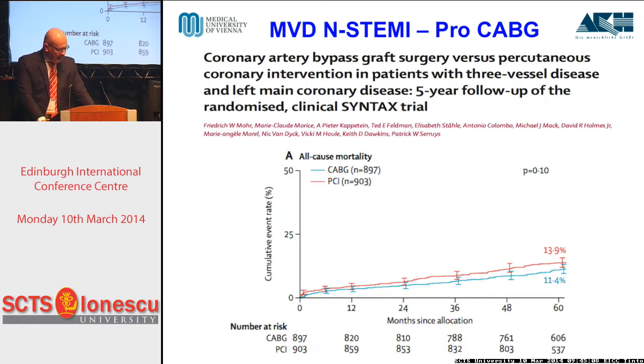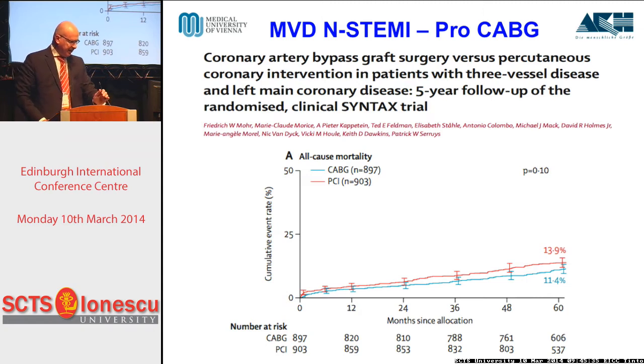Now, we have already said that this is a propensity score matched trial. If we look at patients that get stabilized and then enter a trial like the SYNTAX trial, I have to say this is a complete cohort of patients with triple vessel disease plus or minus left main disease, and these are the 5-year results that have been reported.